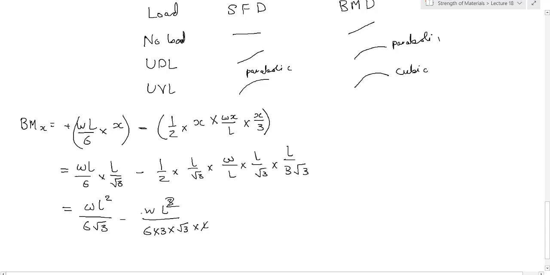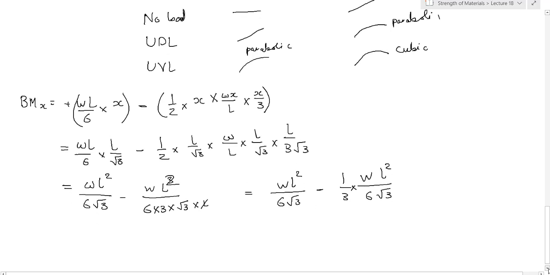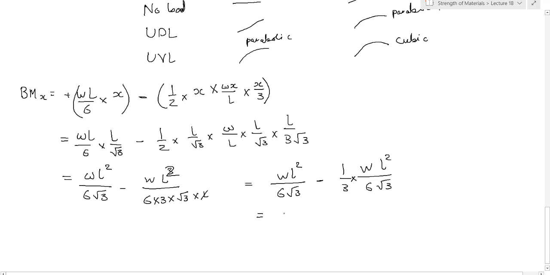Over here also what we can do, we can write WL square by 6 root 3 minus, we can take WL square by 6 root 3 common, and here we get 1 by 3 into this, right? So what are we going to get? Here we are going to get 2 by 3 into WL square by 6 root 3. This gets cancelled, this becomes 3. It becomes WL square by 9 root 3.